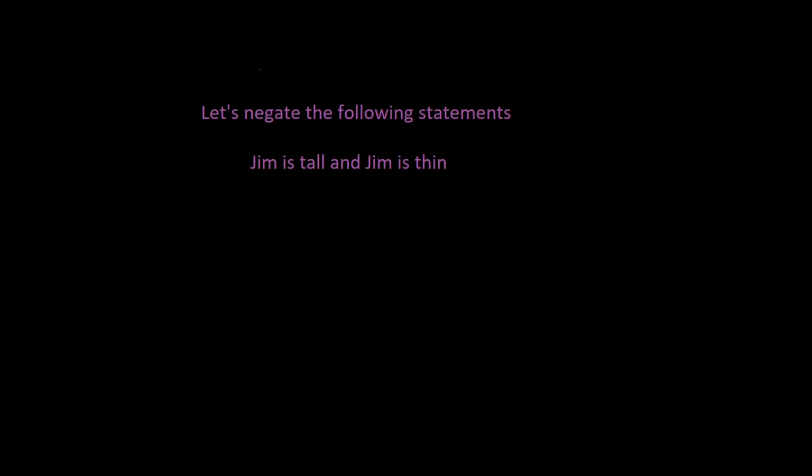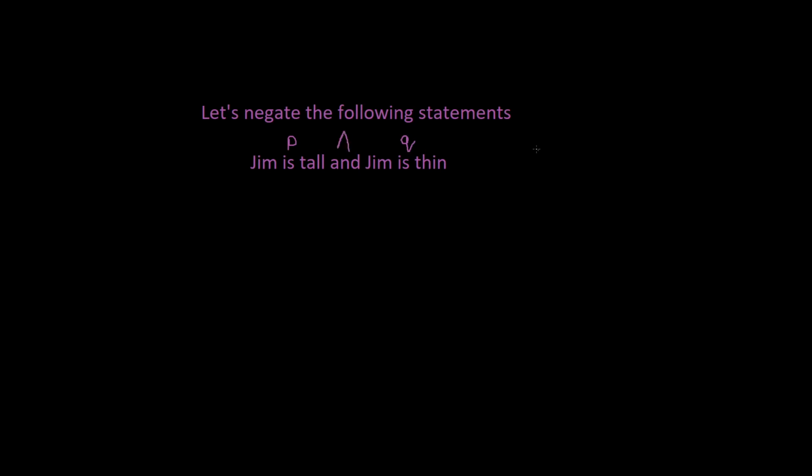So what's the first thing we need to do? We need to establish what our statements are, right? Jim is tall is one statement, and Jim is thin is one statement. And so these are our statements, components, etc. And we need to establish our symbol, so that's our symbol.